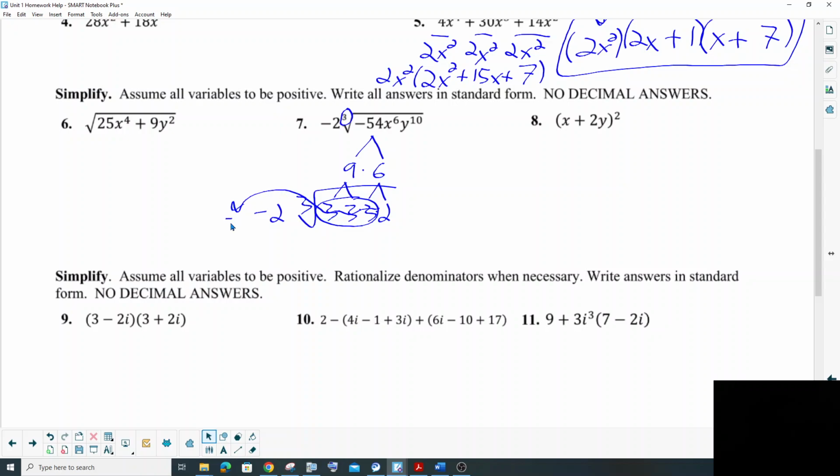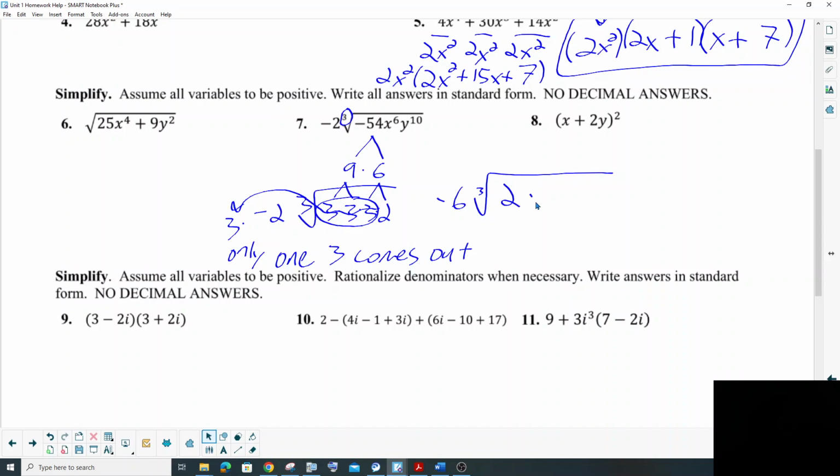Only one 3 comes out. So that's 3 times -2 is -6. So now we have -6, right? We have a cube root. We still have a 2 in there.